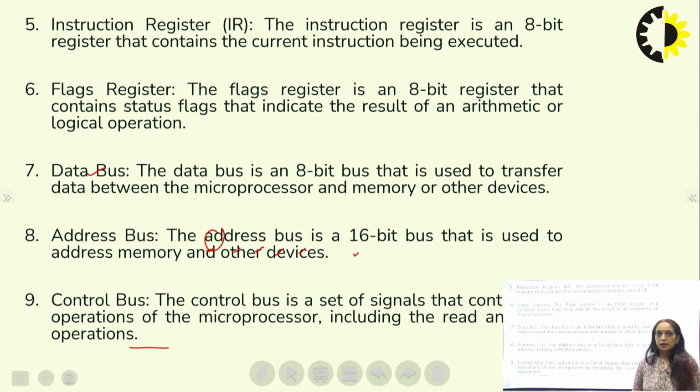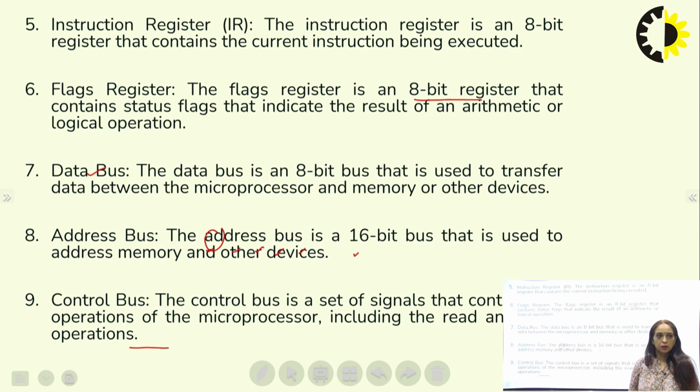Instruction register. The instruction register is an 8-bit register that contains the current instruction which is to be executed. Then we have the flag register. The flag register is also an 8-bit register which contains the status flags, which indicate the result of arithmetic and logical operations.